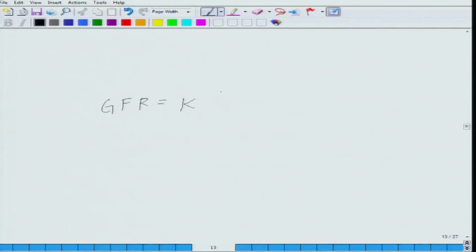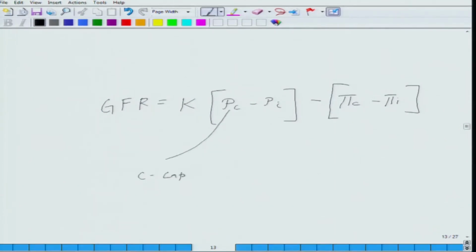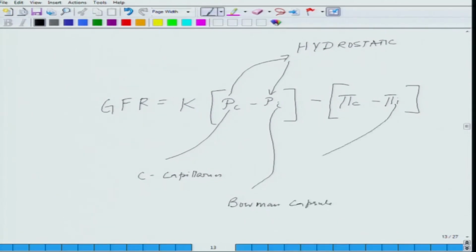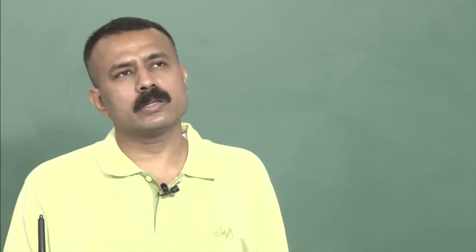GFR is equal to K, the constant, times (P C minus pi C) minus (P I minus pi I), where C stands for capillaries, P stands for hydrostatic pressure, I stands for Bowman capsule, and pi stands for osmotic pressure. So the difference between hydrostatic pressure and the osmotic pressure is considered as the glomerular filtration rate.